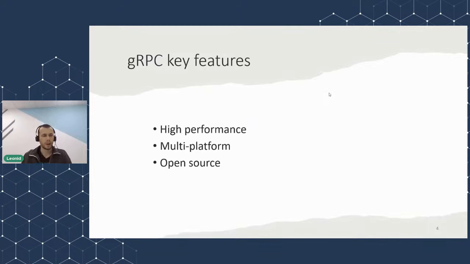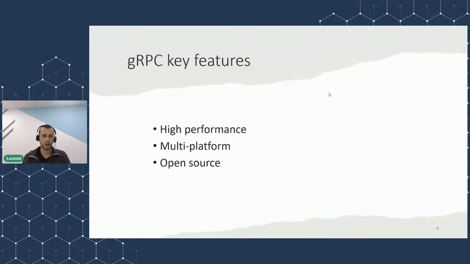I have already mentioned that Google has really high requirements for the integration solution. So that's why gRPC has such features as, first of all, high performance, because there is a lot of data, a lot of services, and they need to communicate really fast. The second feature is multi-platform.